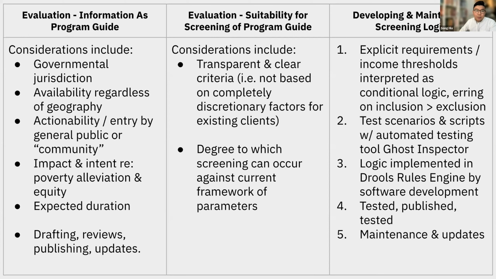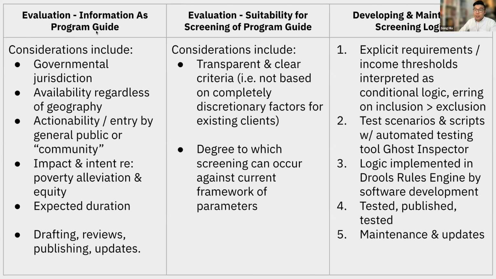And going into a little bit more detail into our process, when we look at information and emerging programs for ACCESS NYC, we look at a number of different considerations and factors, including governmental jurisdiction, the availability to New York City residents regardless of geography, the actionability and the entry point for the general public or folks in the community.